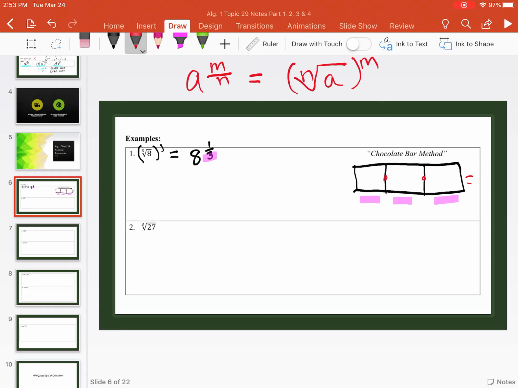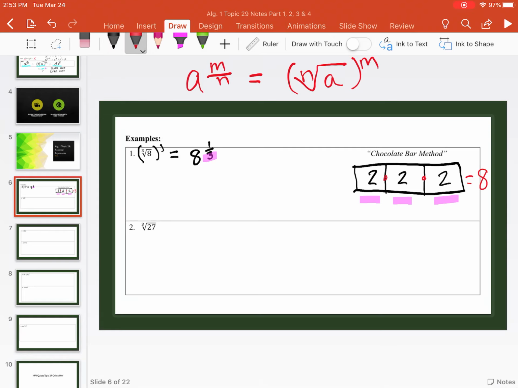And when I multiply all these sections together, I want my product to be 8. So I have to think, what number times itself again gives us 8? Well, I know that 2 times 2 is 4, and then 4 times 2 is 8. So in other words, 2 times 2 times 2 is 8.